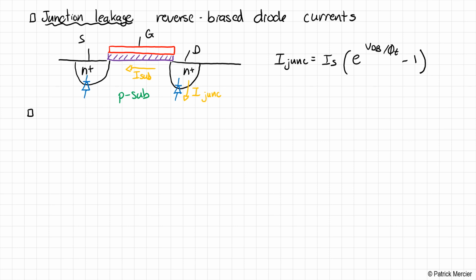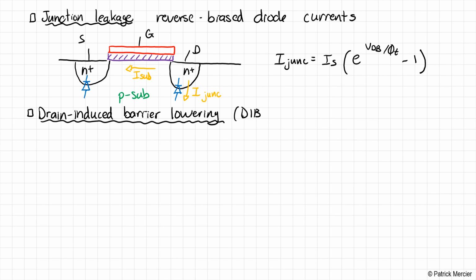There's another non-ideality, one that we actually mentioned earlier, DIBL, okay, which stands for drain induced barrier lowering. Or nicely known as DIBL. Okay, and what this implies is that a high VDS creates an electric field that can affect the threshold voltage of the device.